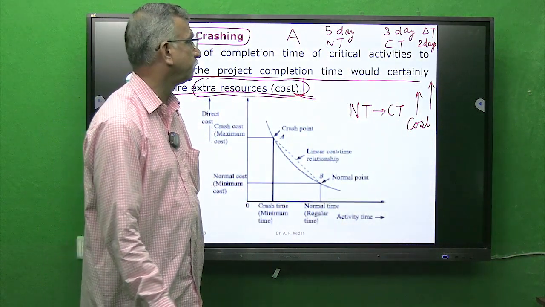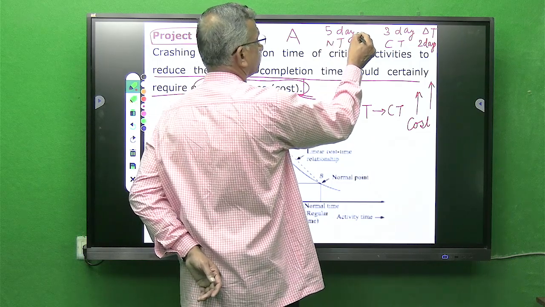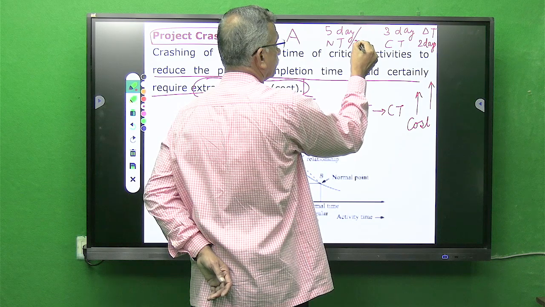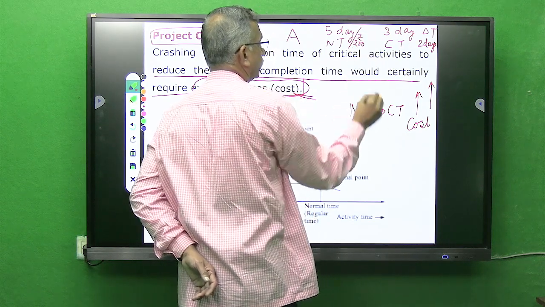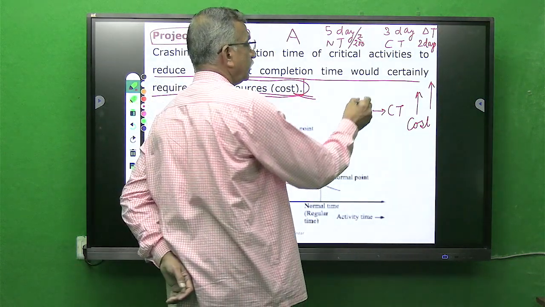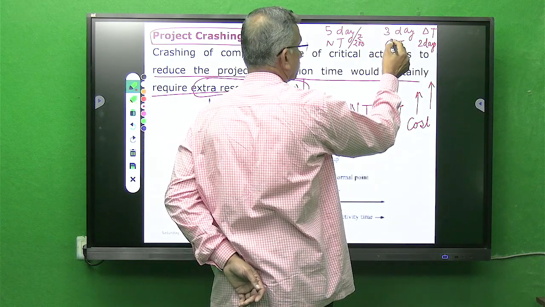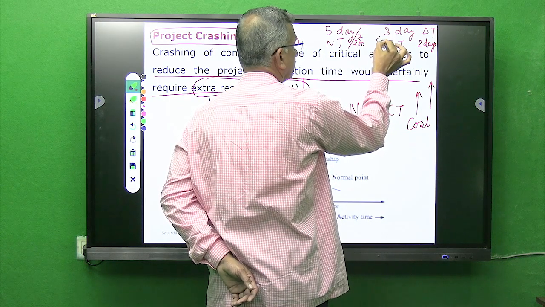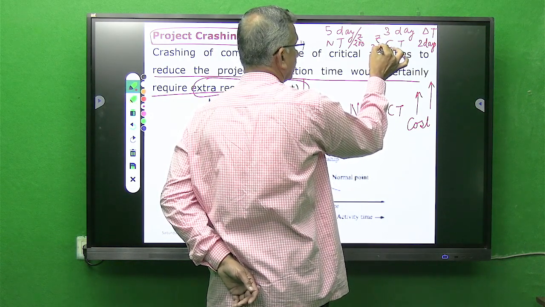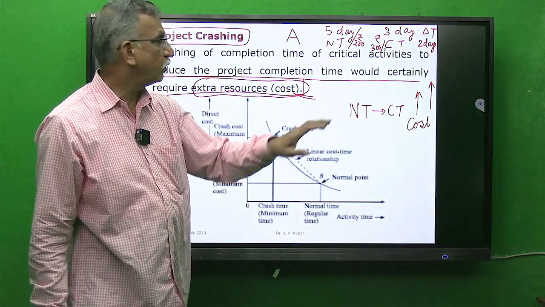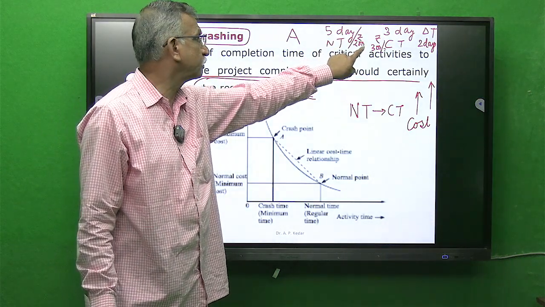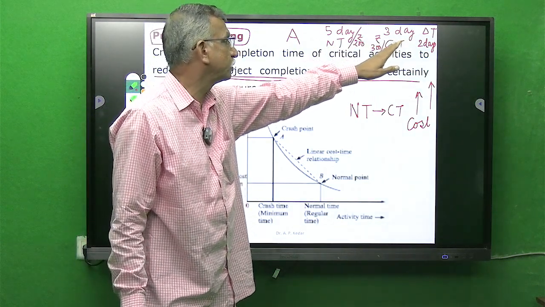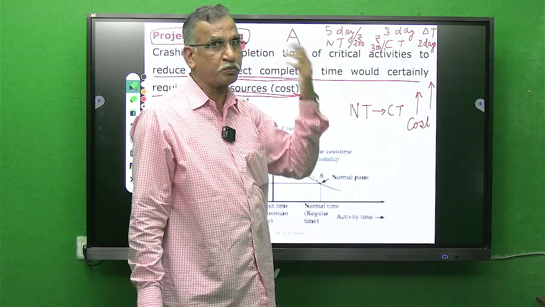It may be possible that 5 days takes 200 rupees, and 3 days takes, suppose, 300 rupees. If I reduce the duration from 5 to 3 days, I have to spend 100 rupees more.